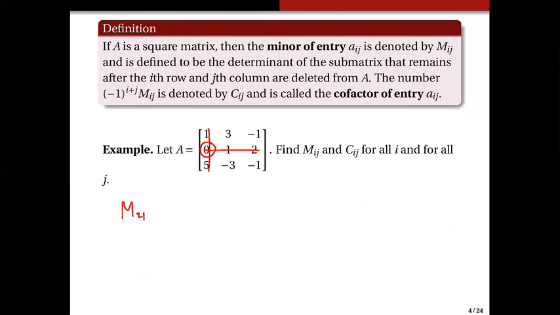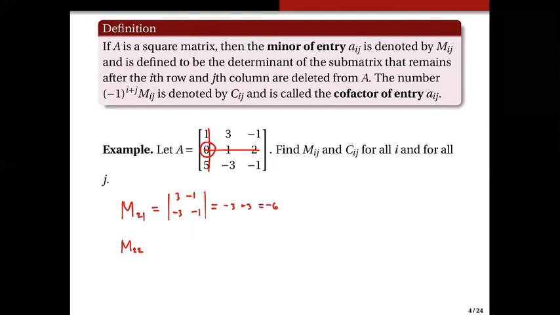This is equal to the determinant of the matrix 3, negative 1, negative 3, negative 1. So we have 3 times negative 1, that's negative 3, minus negative 3 times negative 1, that's positive 3. So negative 3 minus 3 is equal to negative 6.